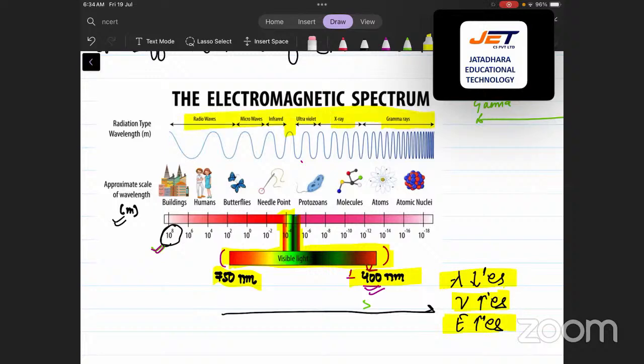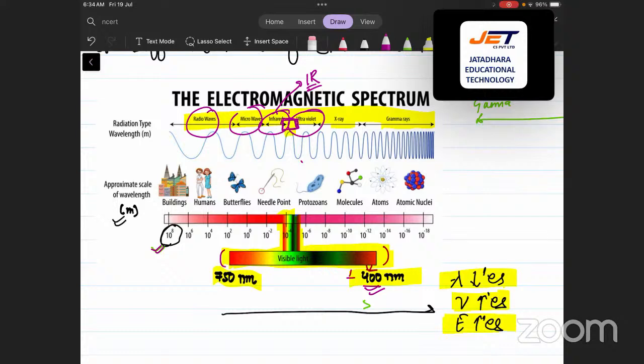So you should know the sequence. First we have radio waves, then micro, infrared, ultraviolet. Infrared can also be called IR radiations. In between infrared and ultraviolet we have the visible part, and then we have X-ray and gamma.